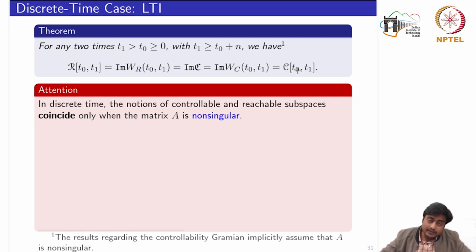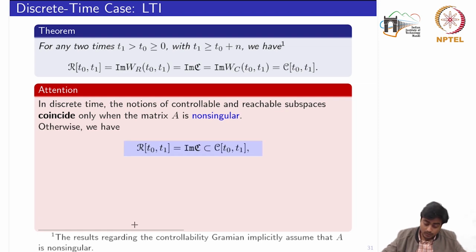Now, if it does not happen, it might be possible that at some time this matrix A could be non-singular, or could be singular. In this case, the reachable subspace would be equal to the space given by the image of the controllability matrix, and both these spaces would be a subset of the controllable subspace.